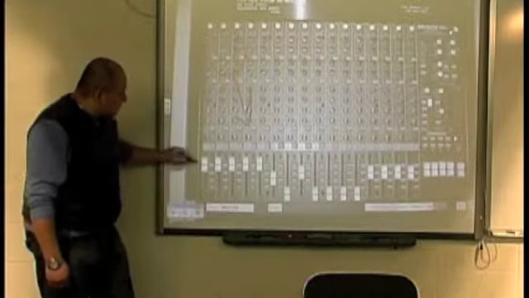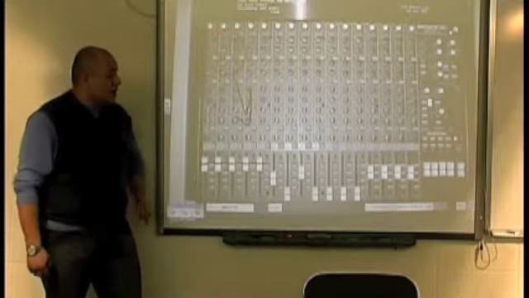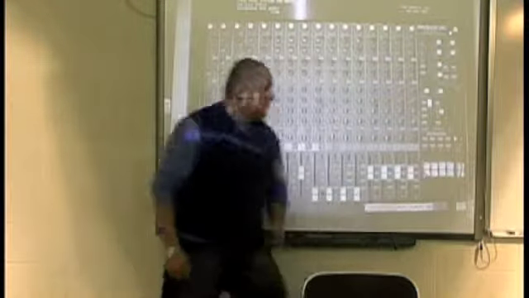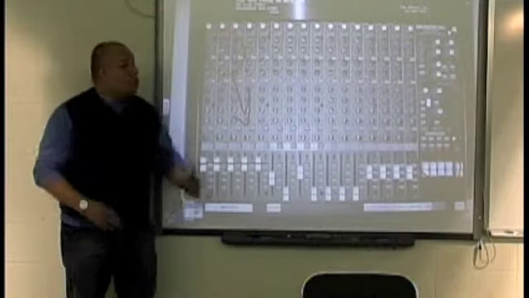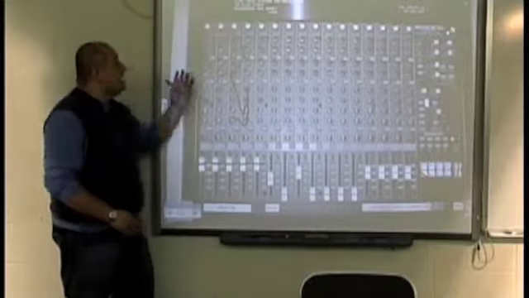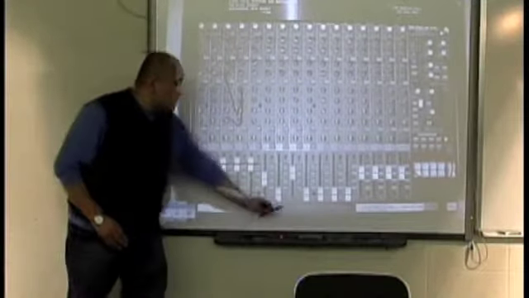I can make reference to all of my levels being even at that point. I can talk about my main volume, so on and so forth. So the Smartboard will allow you to take your previously prepared PowerPoint slides and make any annotations that you would like to them.